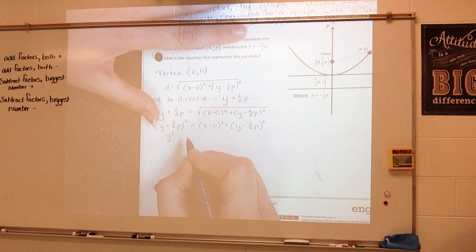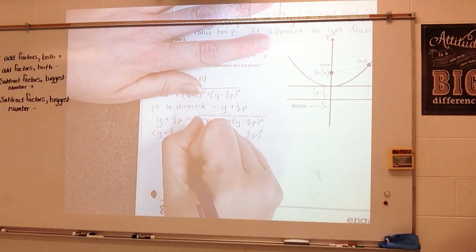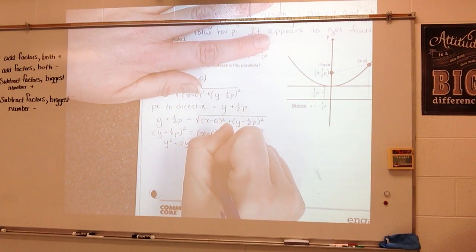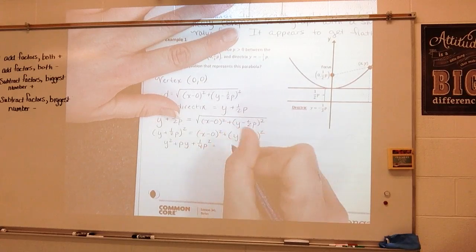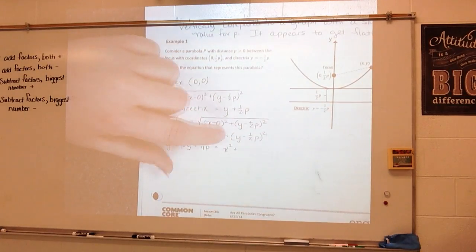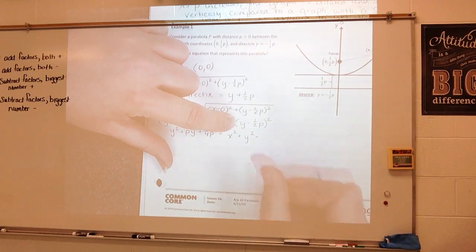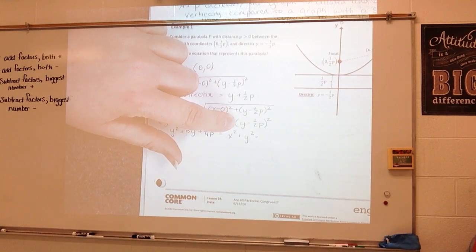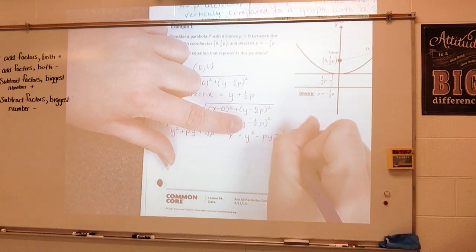So I get y squared, 1/2 p times y is 1/2 py, and 1/2 py, so that would be 1 py, and then I get 1/4 p squared, is equal to x squared plus y squared minus 1/2 py and 1/2 py, which is a negative py, plus 1/4 p squared.